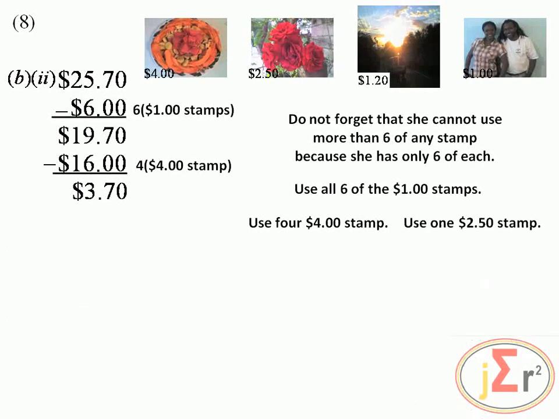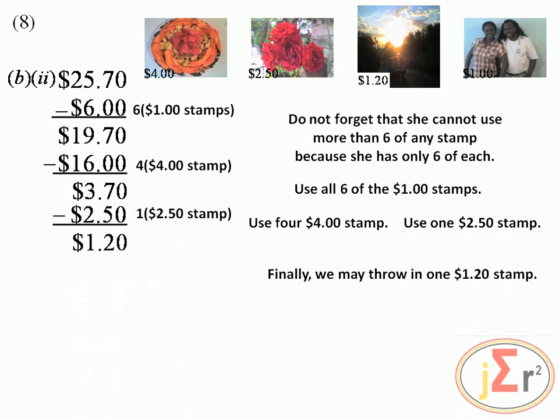We are going to use one $2.50 stamp, $2.50 from $3.70. We have $1.20 left, and we are going to throw in one $1.20 stamp, right, and that finishes our calculation.